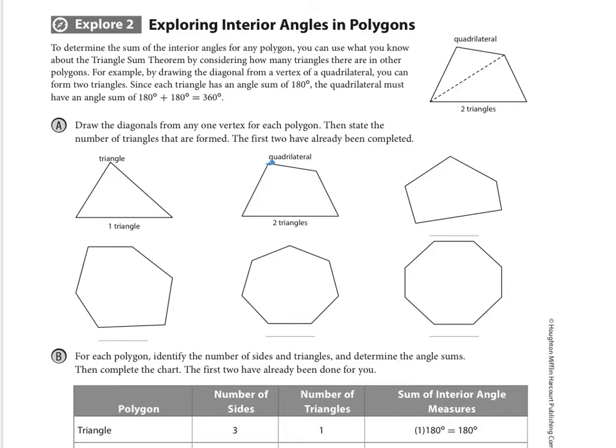What we can do is draw across the figure, and we can split that quadrilateral into 2 triangles. If we look at the next figure, which is a pentagon, we can take this vertex at the top here, and we can draw not to this side and this side, but we can go across and we can split this pentagon into 3 triangles.